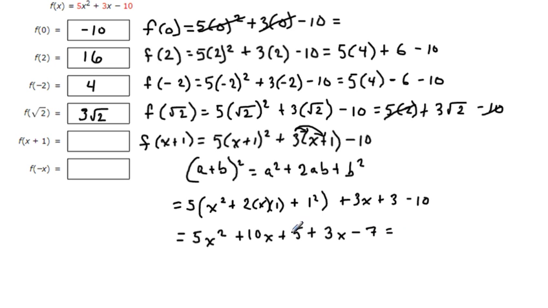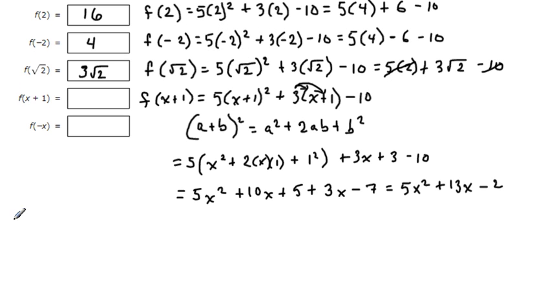And our final step will be to combine all the like terms. So 5x squared will stand alone. Positive 10x and positive 3x is positive 13x. And 5 minus 7 is negative 2. So that would be our answer for f of x plus 1.